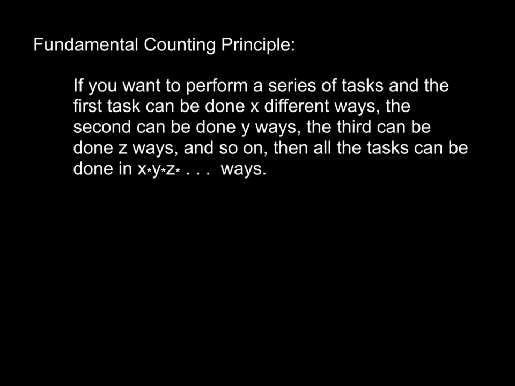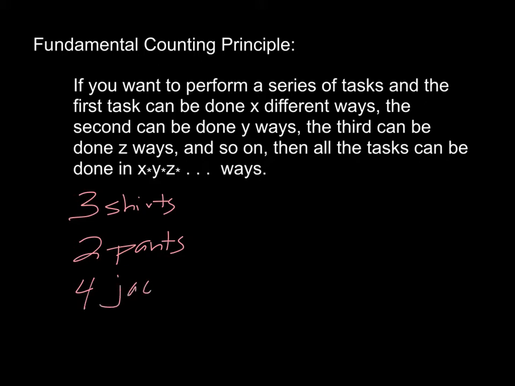Let's make this a little bit more simple. Let's say you're getting dressed in the morning, and you have 3 shirts to choose from, 2 pairs of pants, and 4 jackets.